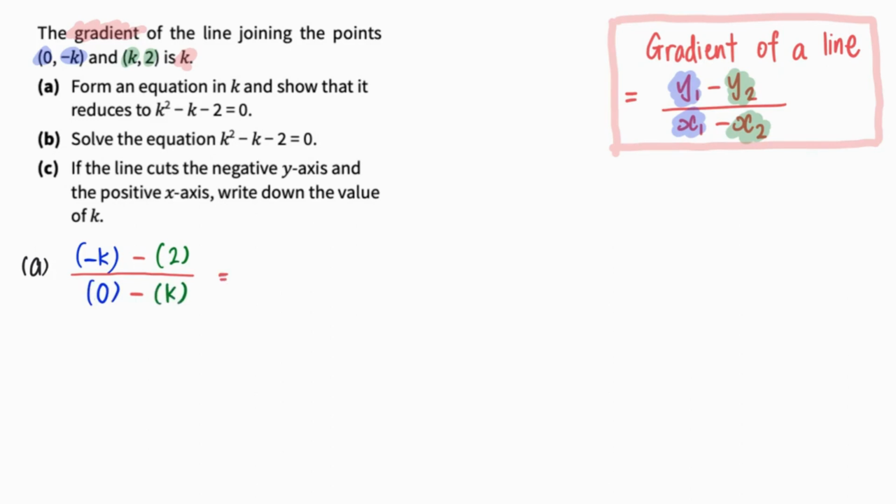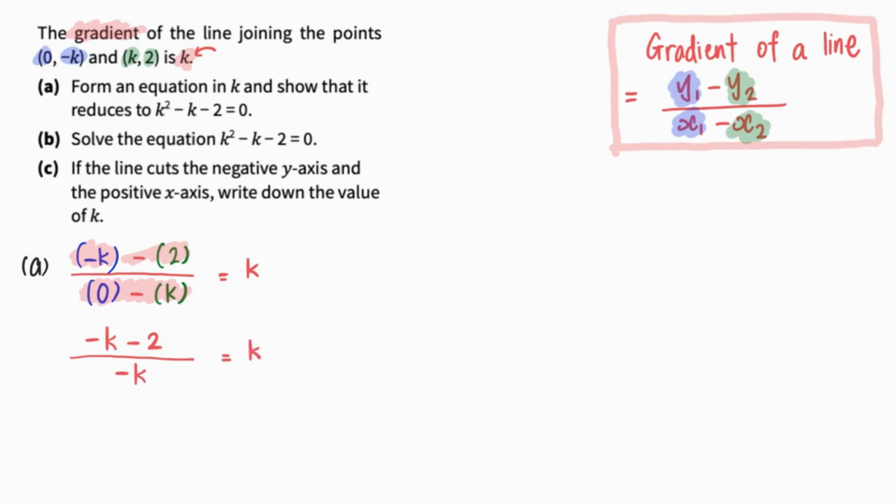And this one will be equals to k, which is the gradient of the line. So we just need to simplify this now. At the top here, negative k minus 2 is simply negative k minus 2. As for the denominator, 0 minus k will be negative k. This one will be equals to k.